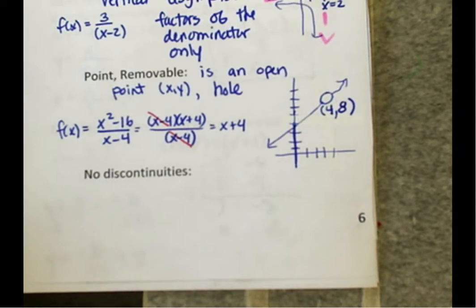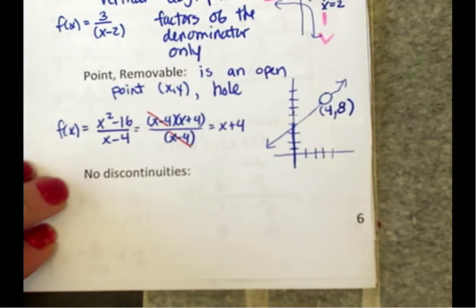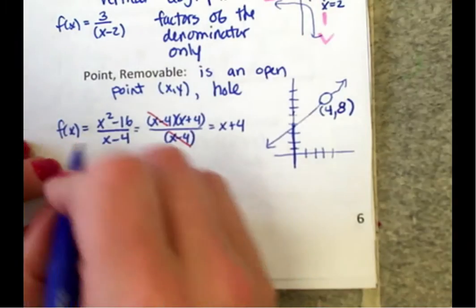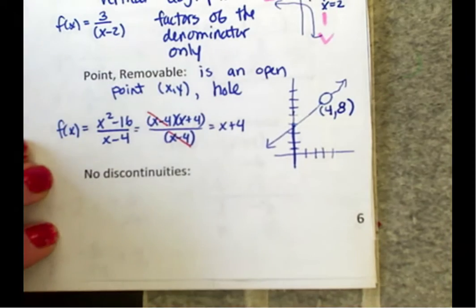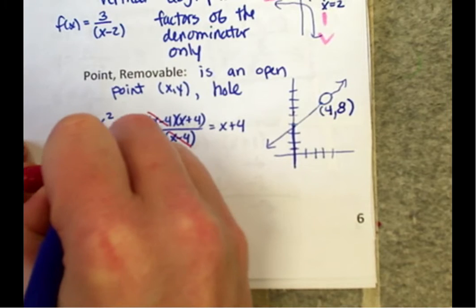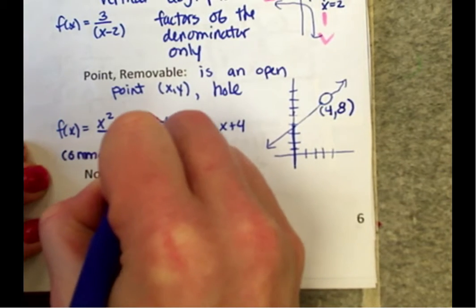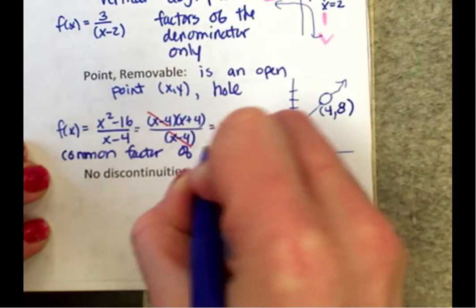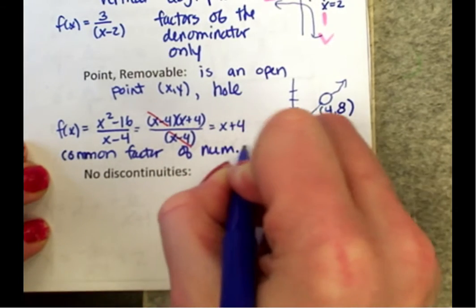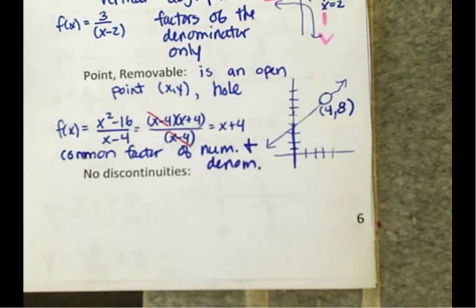Hold on. Let's write this and then I'll say it again. It comes from the common factor of numerator and denominator. Otherwise, there would be no hole.